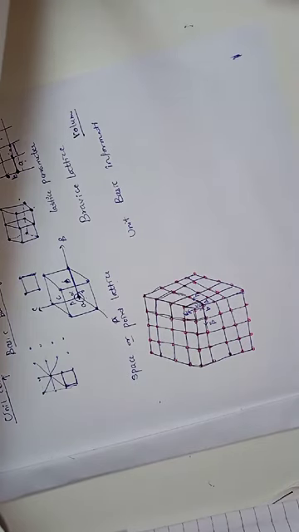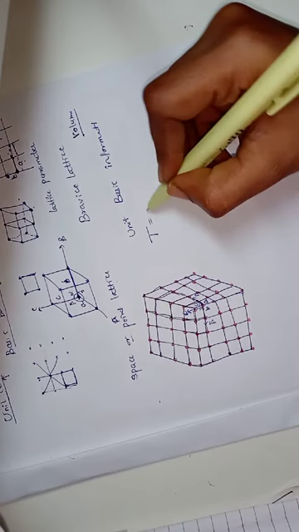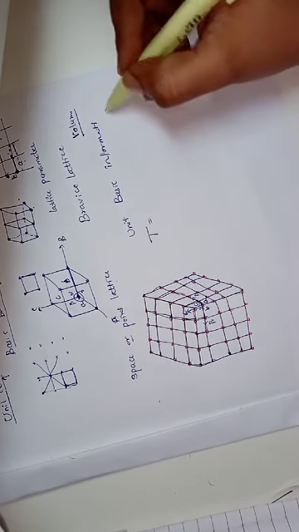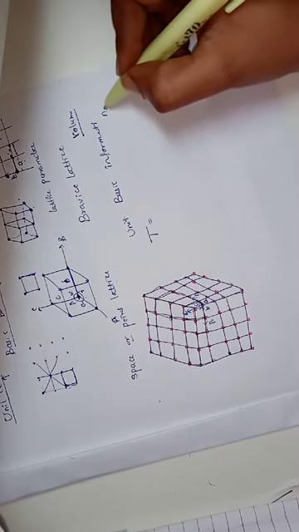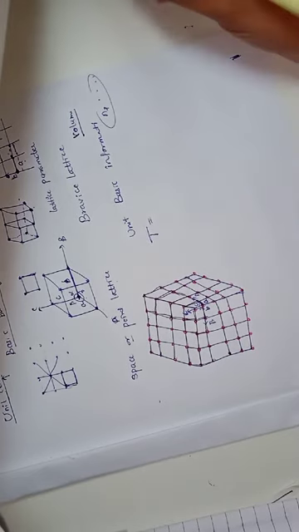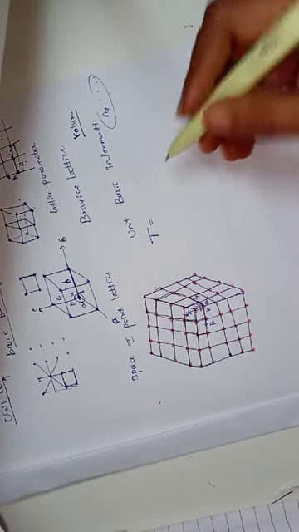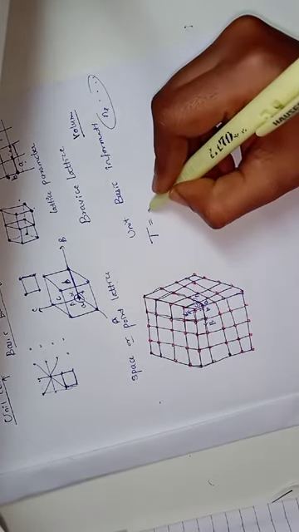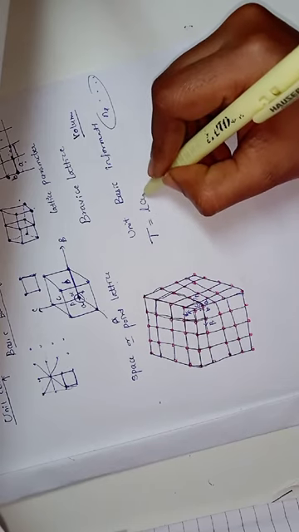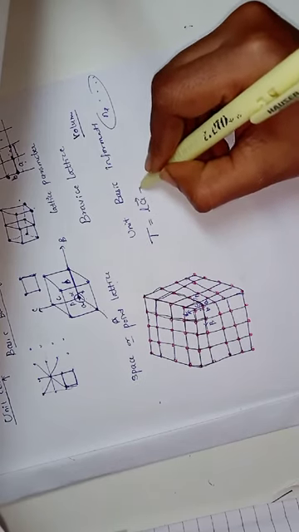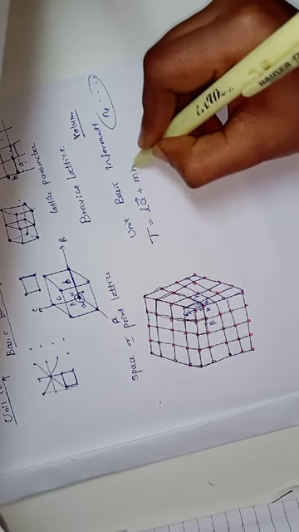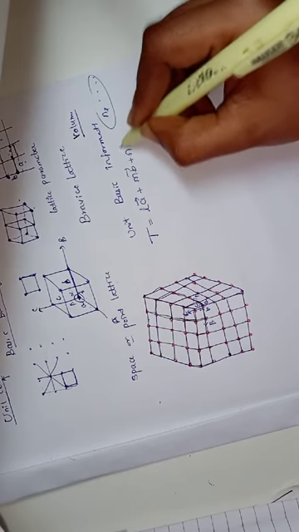Using the translation vector, we can predict in this form also. In the last class we had taken n1, n2, n3. These are whole numbers. So we can express it as l a, m b, n c.